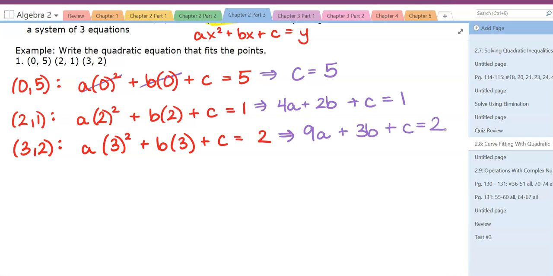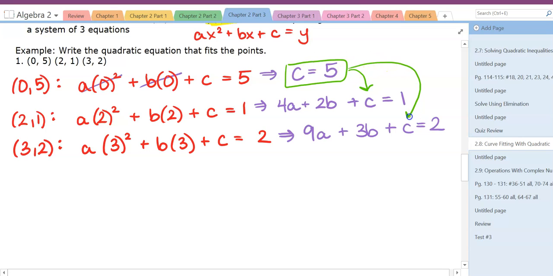Now, since I know that c is 5, what I can do here is plug that in to both of those equations, and then I'm down to a system with just 2 variables. So this is going back to using that elimination method that we talked about last week. So if I plug in c, I would have 4a plus 2b plus 5 equals 1.